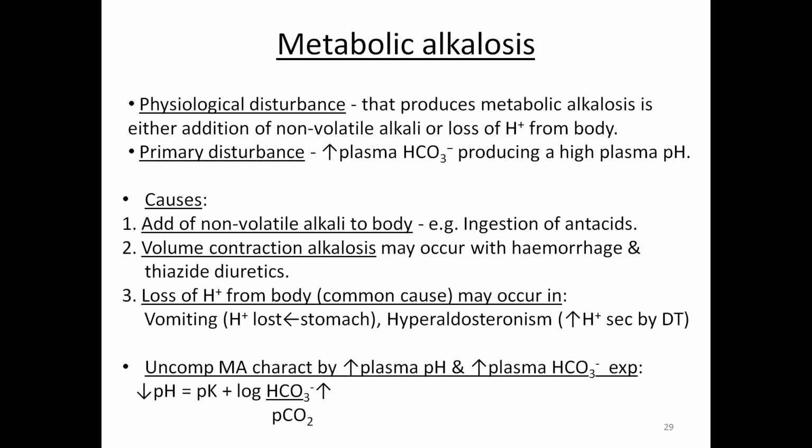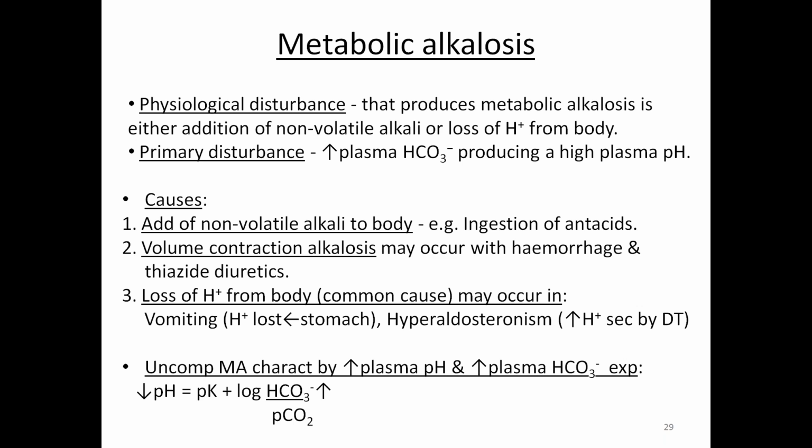What are the causes? Addition of non-volatile alkali to the body, that is, ingestion of antacids. Then there can be volume contraction alkalosis, which we read about last time, because of hemorrhage or thiazide diuretics. Then there may be loss of hydrogen from the body, which commonly happens in vomiting when hydrogen ion is lost from the stomach.